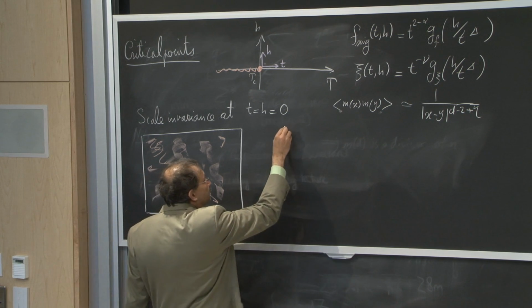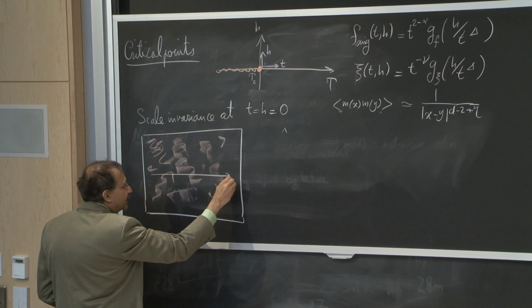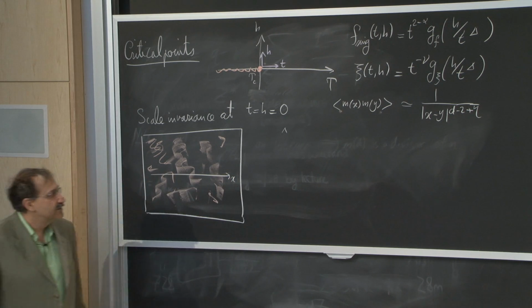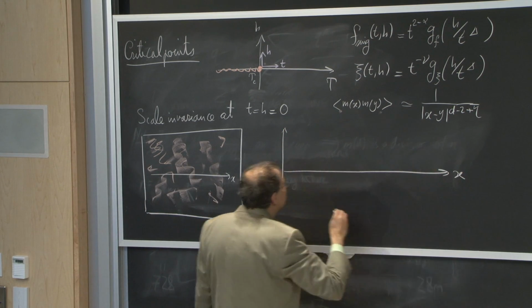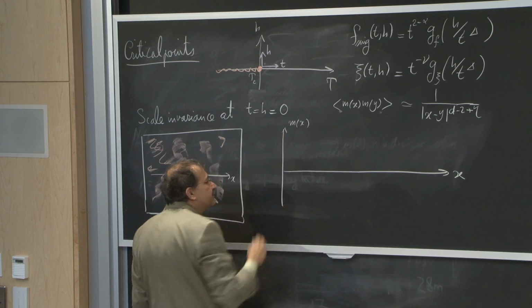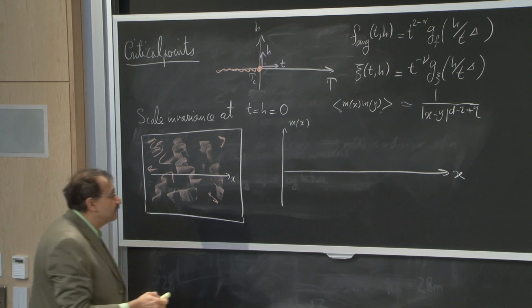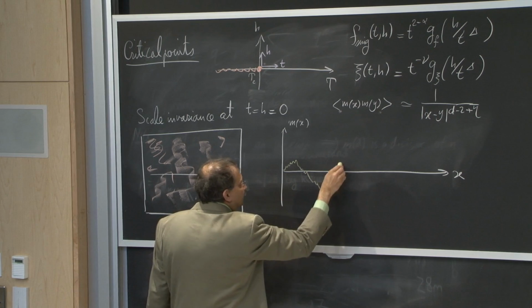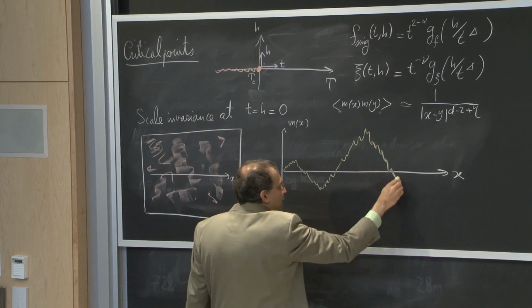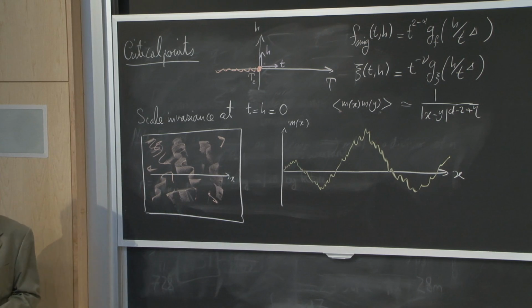What I can do is to take a scan along some particular axis, let's call it x, and plot what the fluctuations are of this magnetization, let's say m of x. Now, the average will be 0, but it will have fluctuations around the average. And so maybe it will look something like this. Kind of like a picture of a mountain, for example.